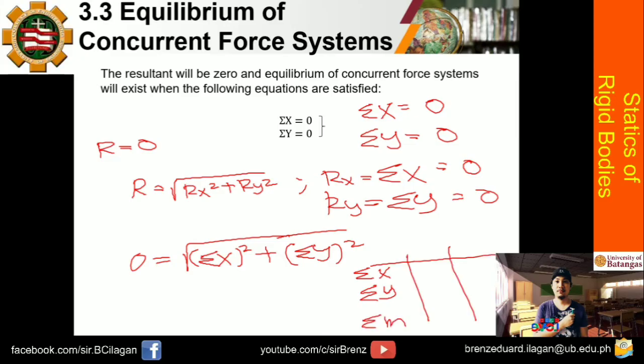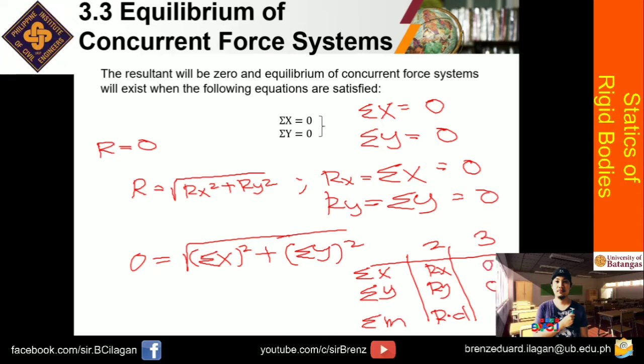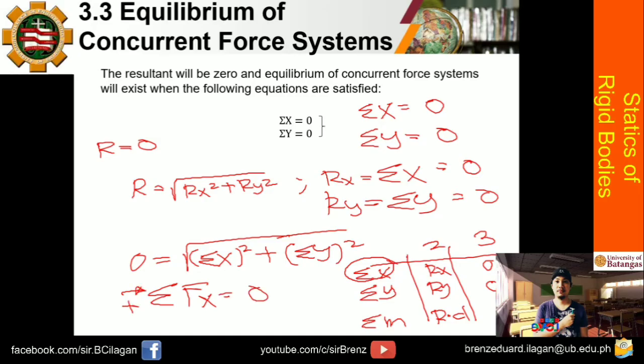So, di ba before, under chapter 2, ito Rx, ito Ry, ito moment ng R times distance. Ngayon kasi sa chapter 3, 0 lahat yan. I-equate natin siya sa 0. So, ibig sabihin, if we take summation of all x forces, ito lang din yan, considering to the right as positive, naka-equate na siya ngayon sa 0. Okay? Hindi na siya equal sa Rx, which is ito nga, chapter 2.